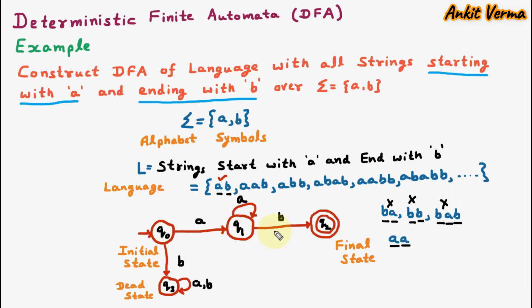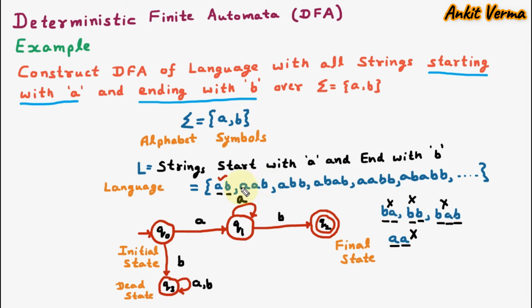Then for the second A we again have the self loop going back to Q1. So this string ends on a state which is not the final state. That means this string is not accepted by the DFA, and this string is not part of the language. So this decision is right.